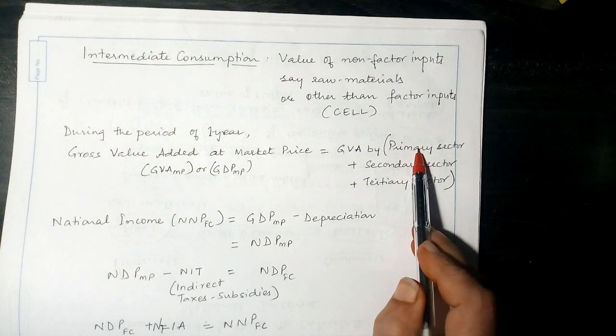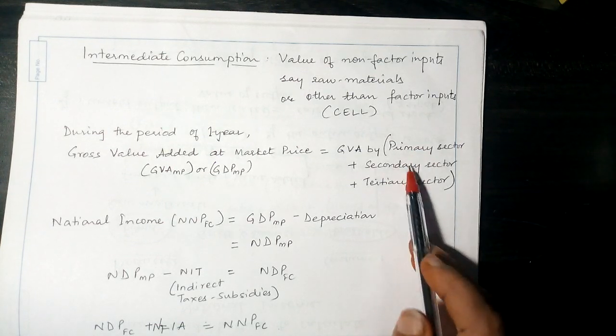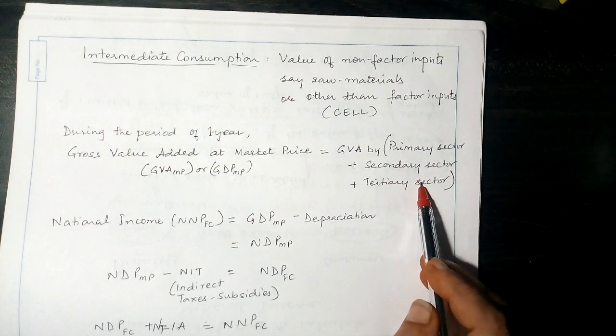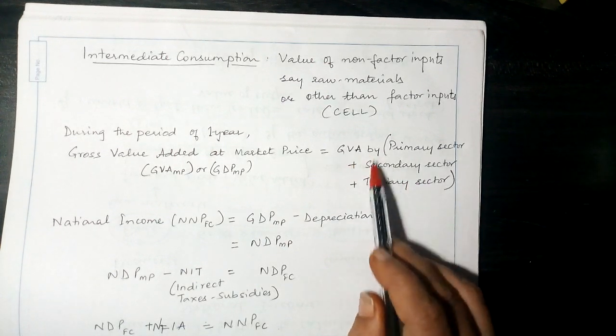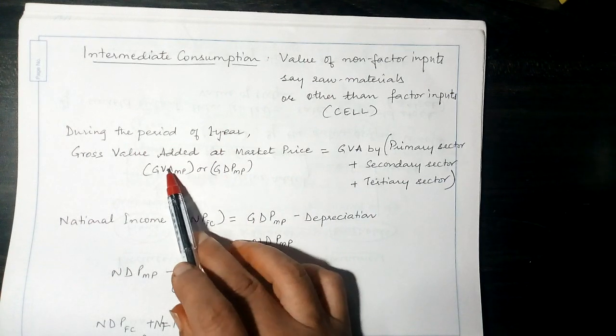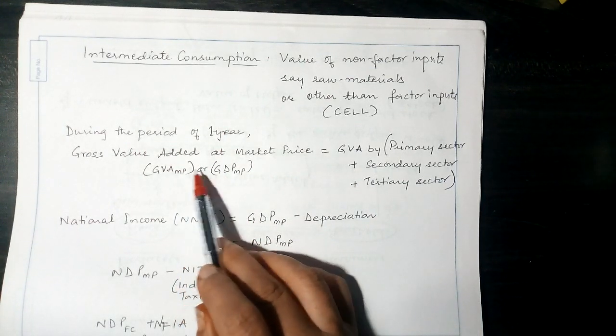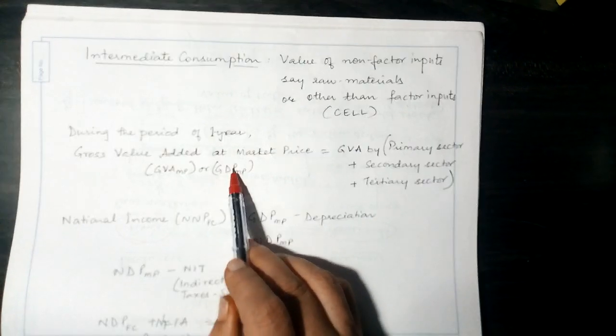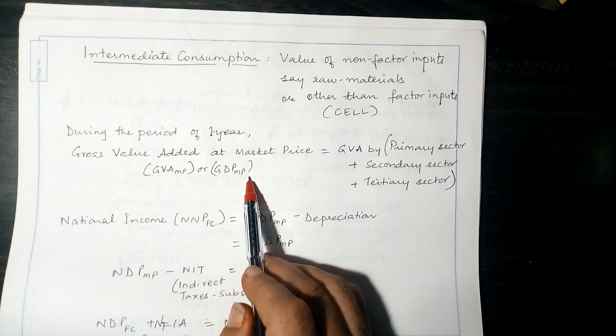The primary sector plus the secondary sector plus the tertiary sector. So the gross value added by all the sectors in the economy gives us the gross value added at market price or the gross domestic product at market price.